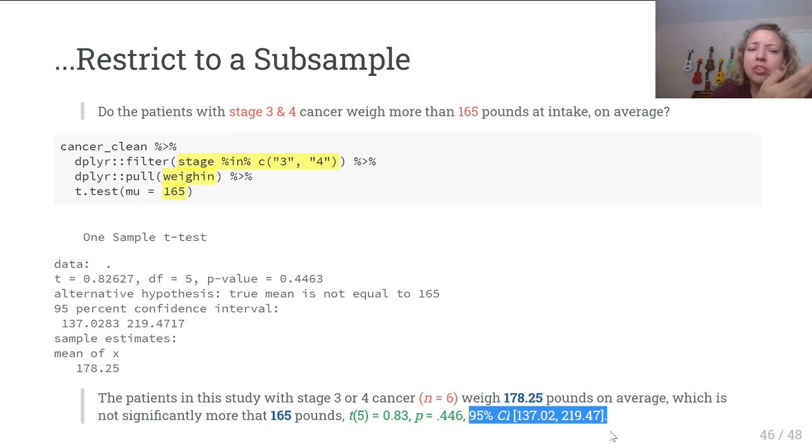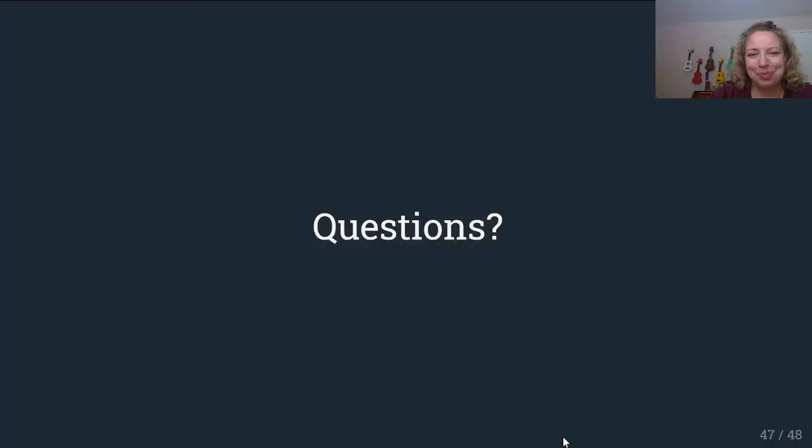And really, when your software is already outputting them, it's not a lot more energy to put them in. And so that's something that's going to really help your field if we get used to adding these confidence intervals in addition to p-values. And so there we go, chapter 6.